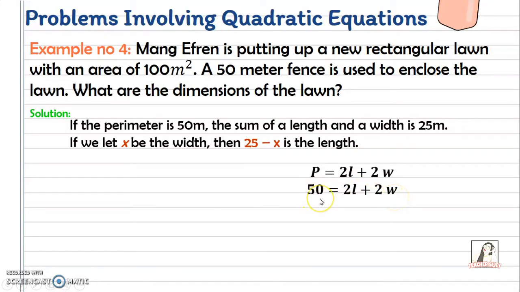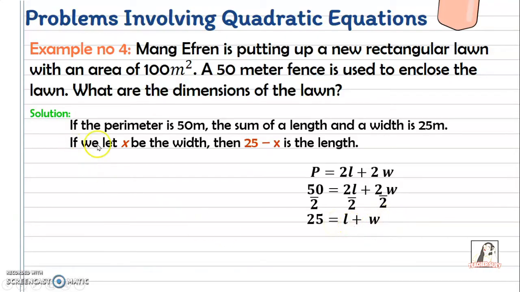Since each term in the side of the equation is divisible by 2, let's divide those terms by 2. So, ang mangyayari, 50 divided by 2 is equal to 25. 2 times length over 2 is equal to L plus 2 times width over 2 is equal to width. So, we have 25 equals length plus width.